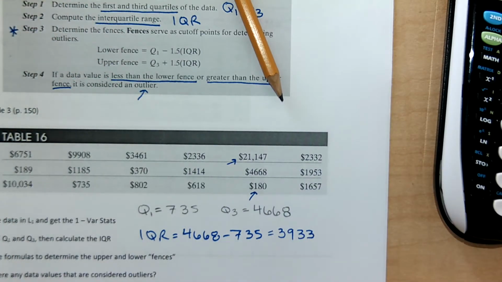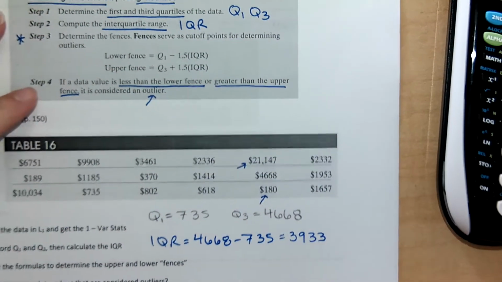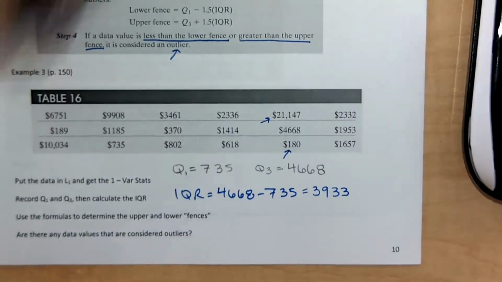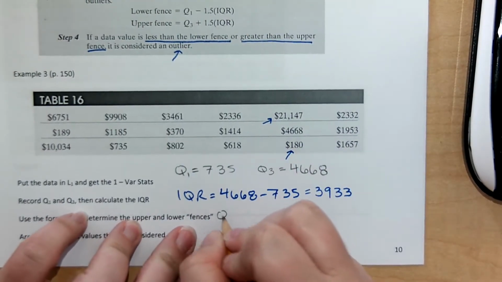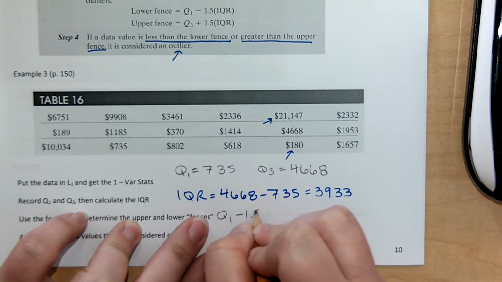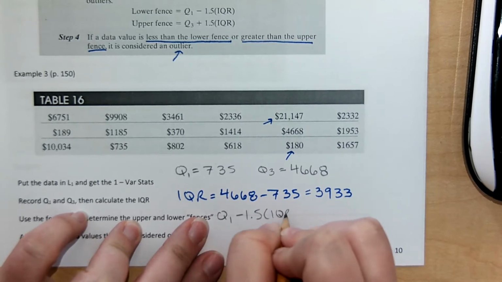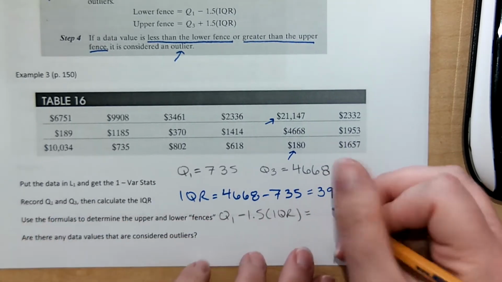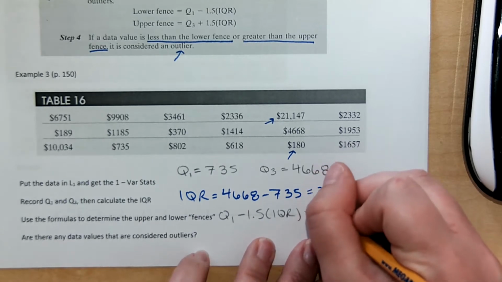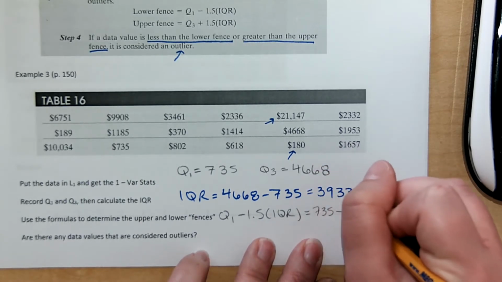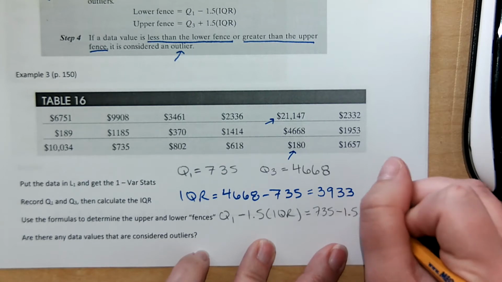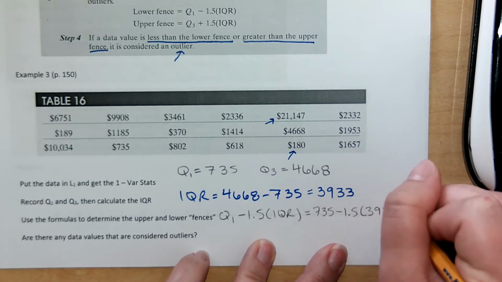We're going to use those formulas to get our fences. So we're going to do Q1 minus 1.5 times the IQR. So Q1 was 735 minus 1.5 times the IQR 3933.